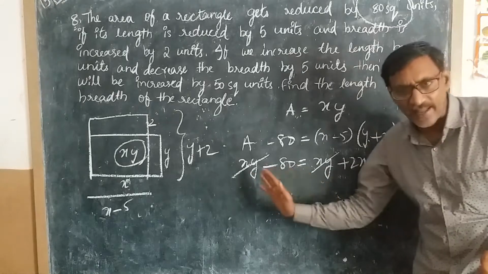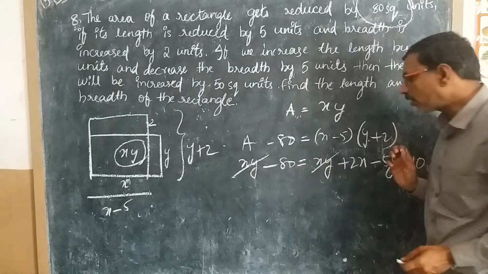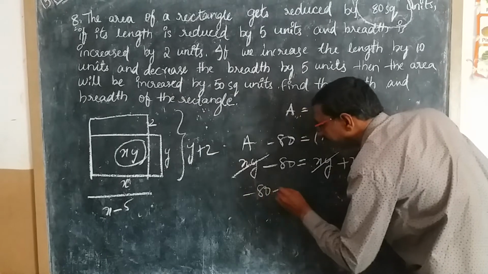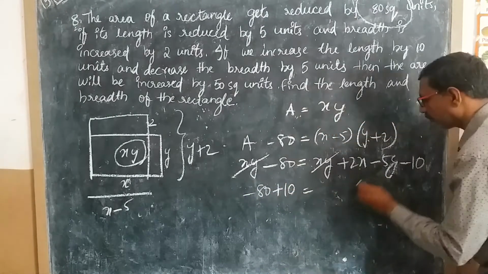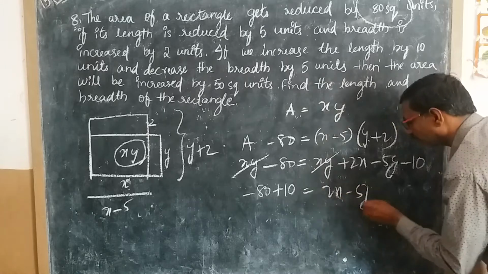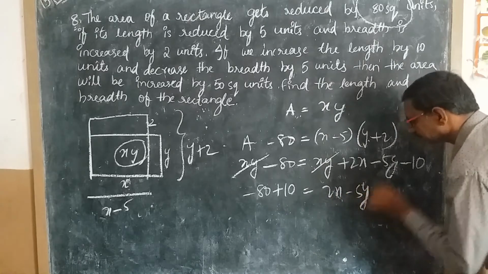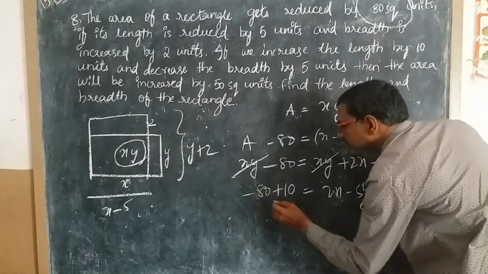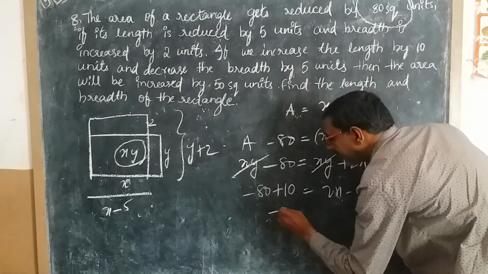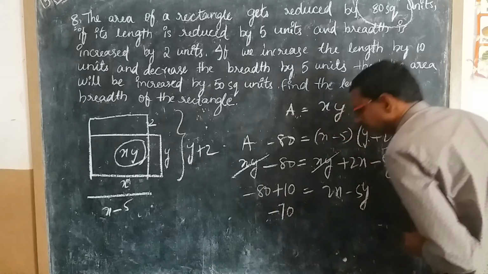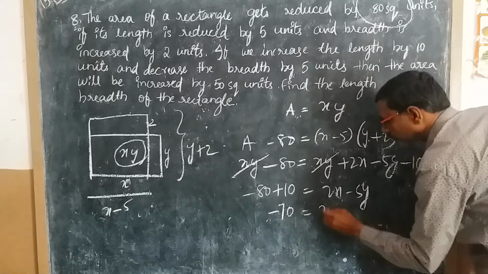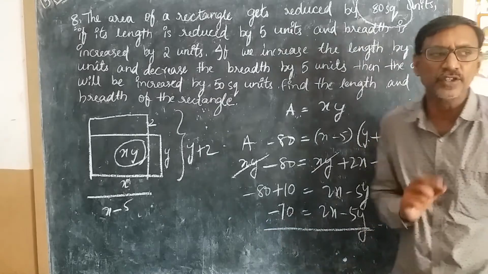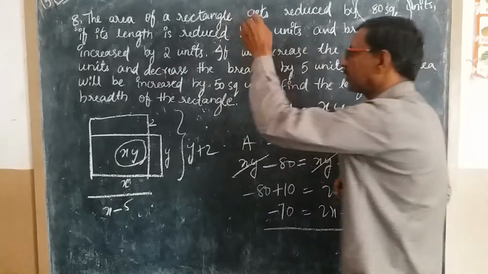Then they will get cancelled. Now coming to here, minus 10 will go that side. Minus 80 plus 10, and here we have 2x minus 5y. So how much? Minus 70 is equal to 2x minus 5y. This is my first linear equation from the first statement.